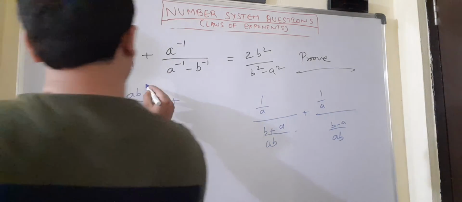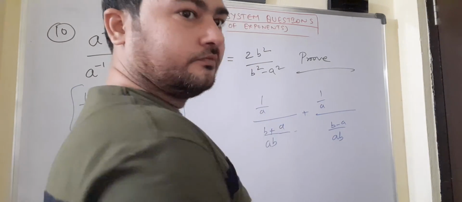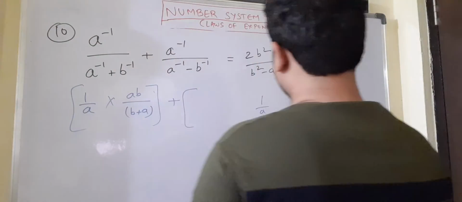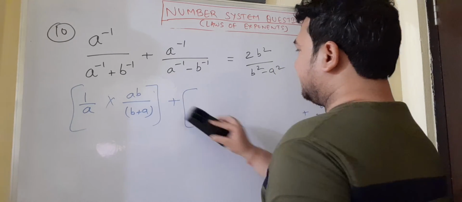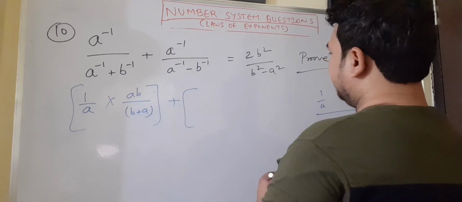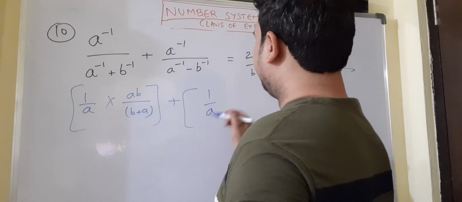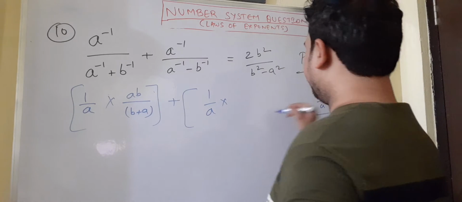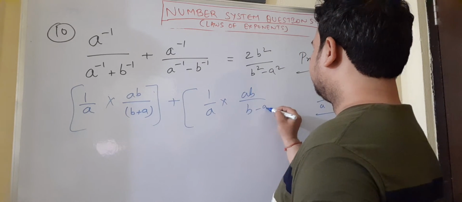Plus, this is one term. We have proceeded for this, then a plus sign over here, then 1/A. Again, what you have done in this, the same you will repeat over here also, A/B, B minus A is here.